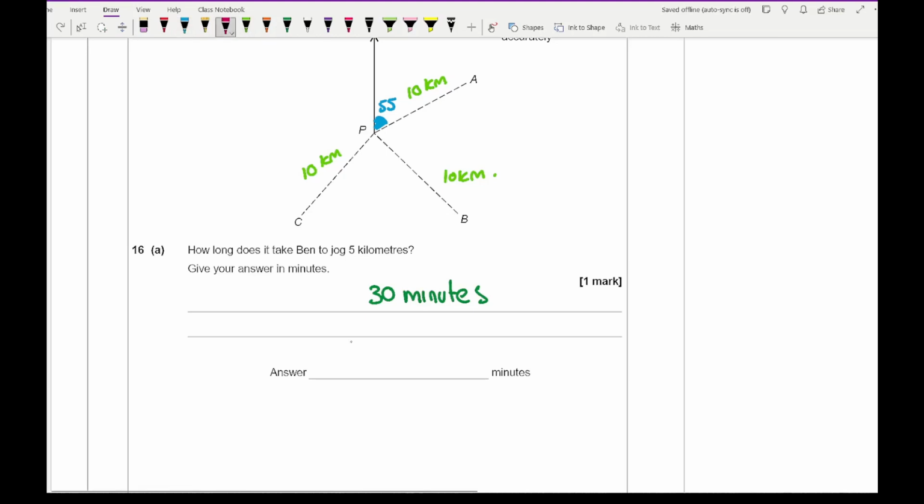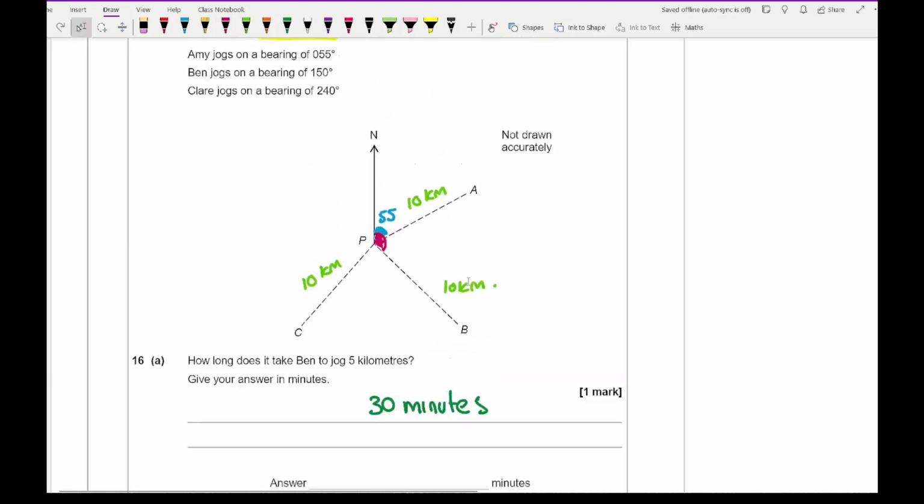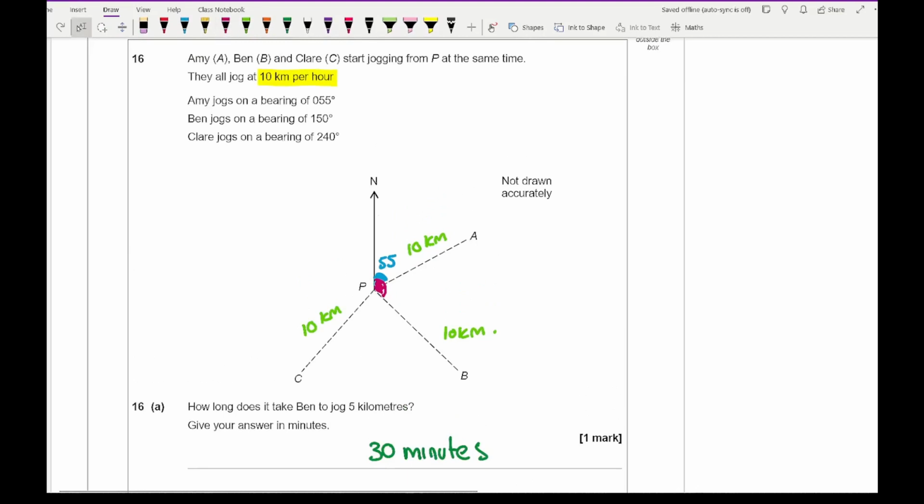I'm just going to work without bearings. This angle going from that north line is 150. And what colour have I not used? Let's go for purple. And this angle here from that north line is 240.